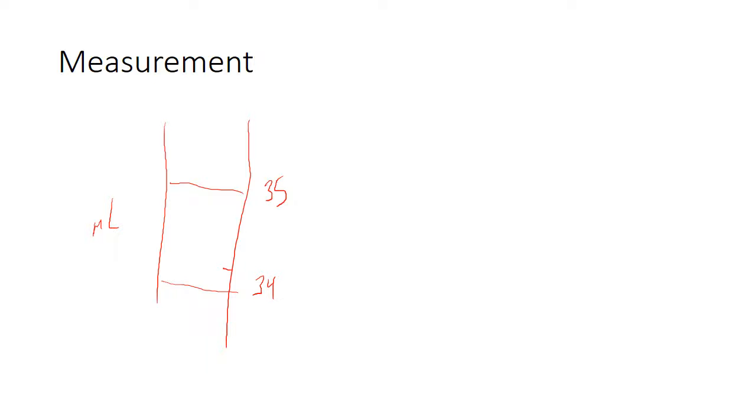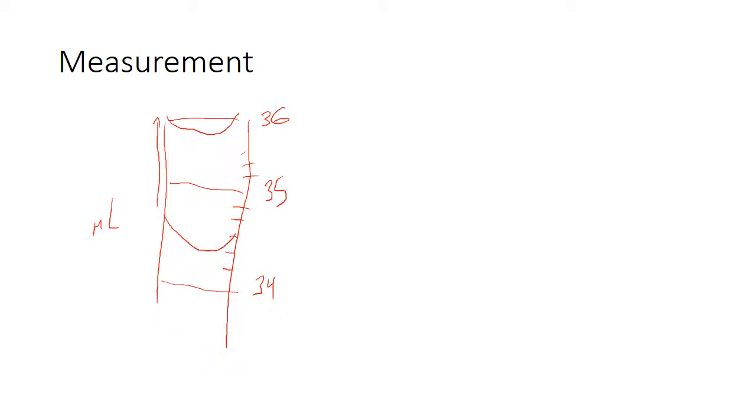And they'll have some lines in there, something like that. Now, what we're going to do is drop our object, whatever it is, in, and the water's going to go up, right? So based off of that, we can figure out the volume, because the object pushes the water up.